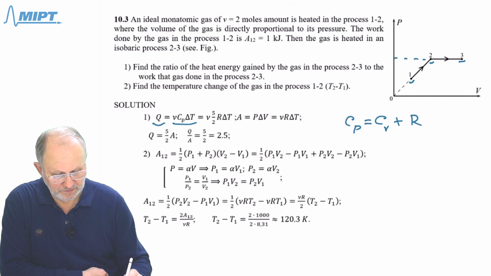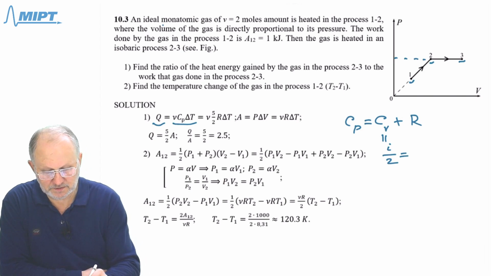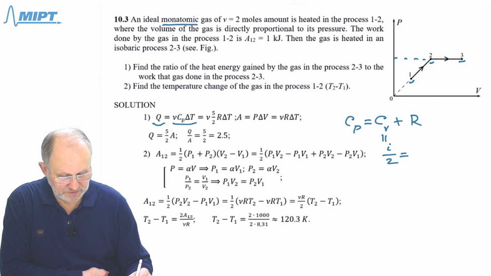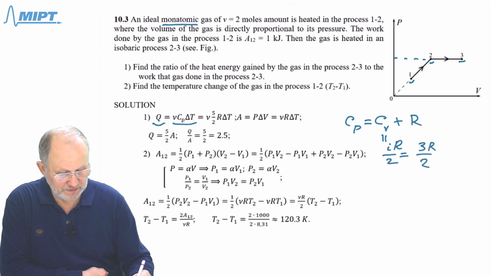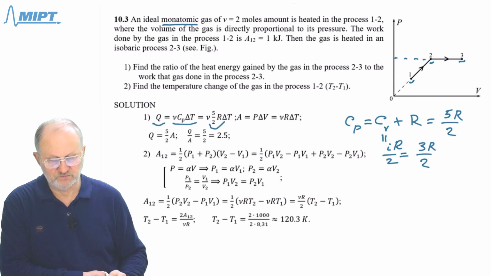And heat capacity under constant volume equals the number of degrees of freedom over 2. In this particular case, for monatomic gas, the number of degrees of freedom is 3. So here is certainly the gas constant, and we get 3R over 2. And if we add another R, we get 5R over 2. That is exactly what you see here in this formula.